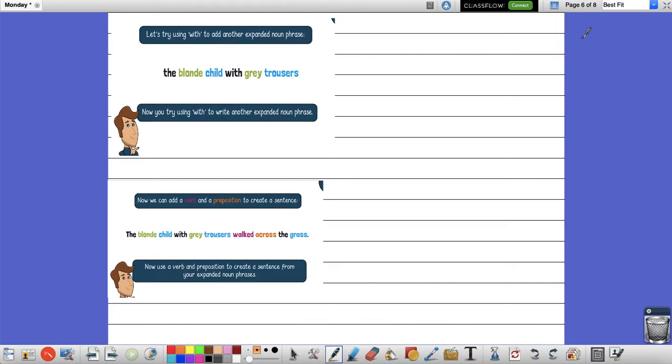So my noun phrase was the brave, adventurous child. I'm going to put here my first one from the page. Okay, the brave, comma, adventurous child.